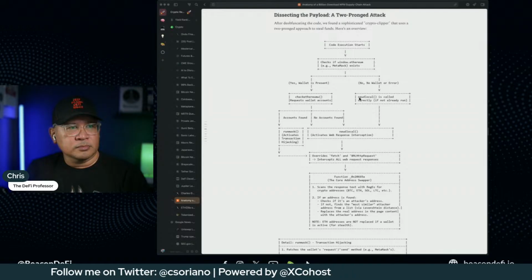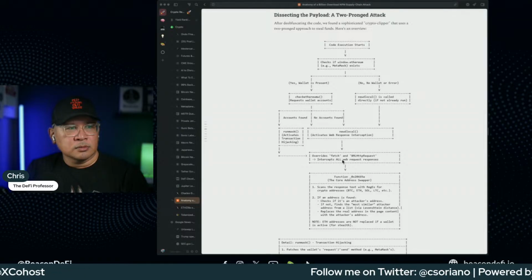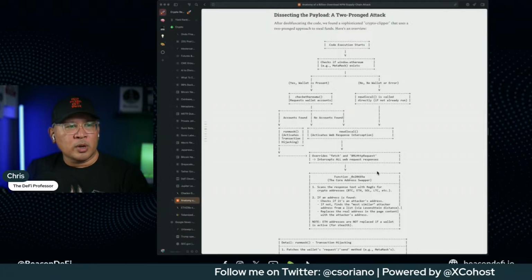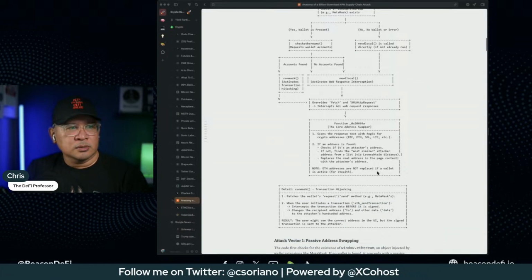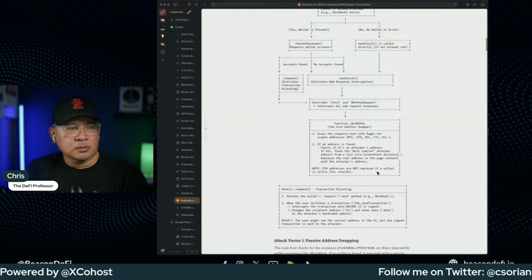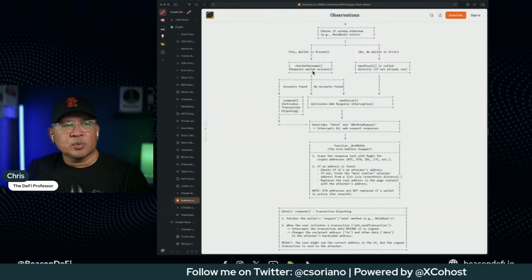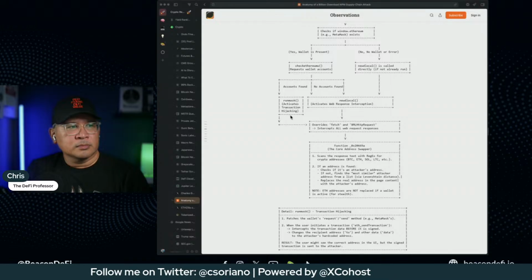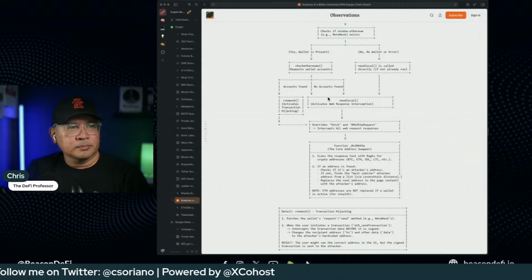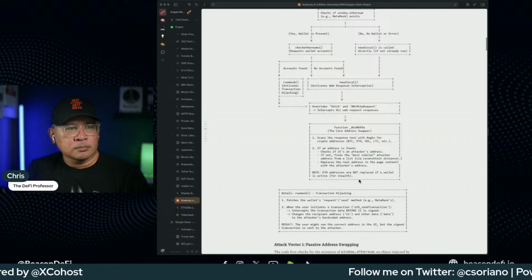Oh shit. It intercepts all web request responses, regardless, but it does request wallet accounts.